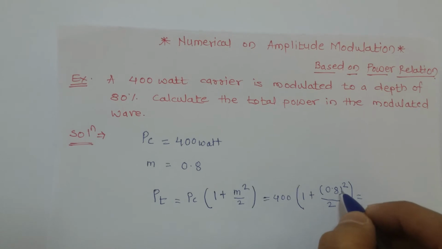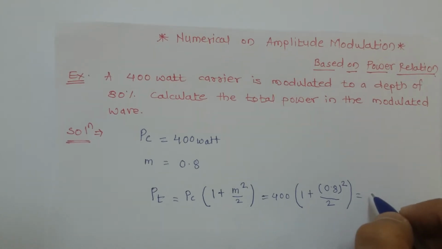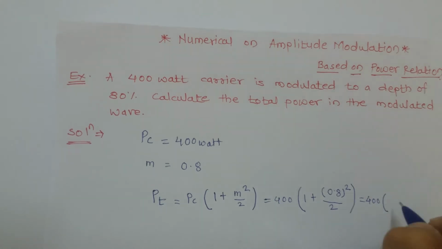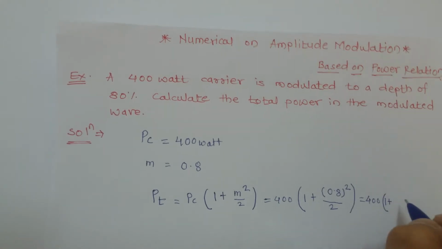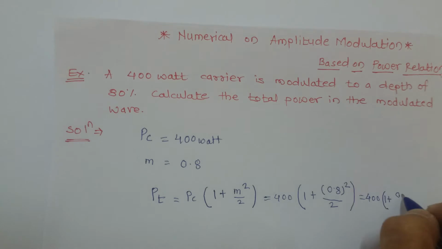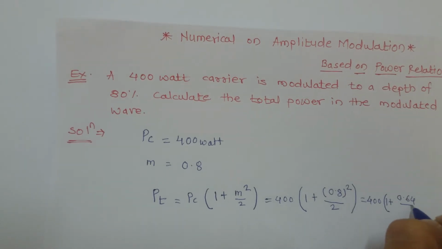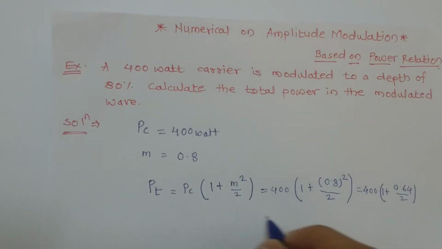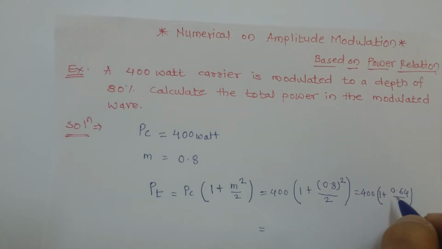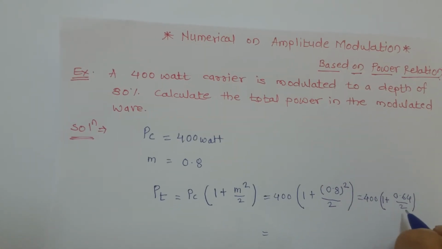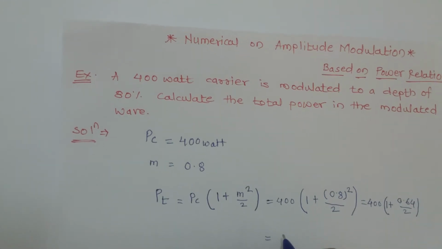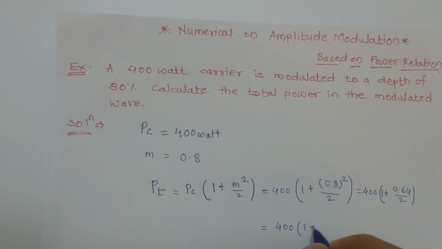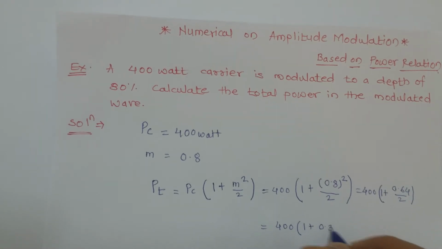So the square of 0.8 is 0.64, that is 400 into 1 plus 0.64 divided by 2. So 0.64 divided by 2, that is 0.32. 400 into 1 plus 0.32.